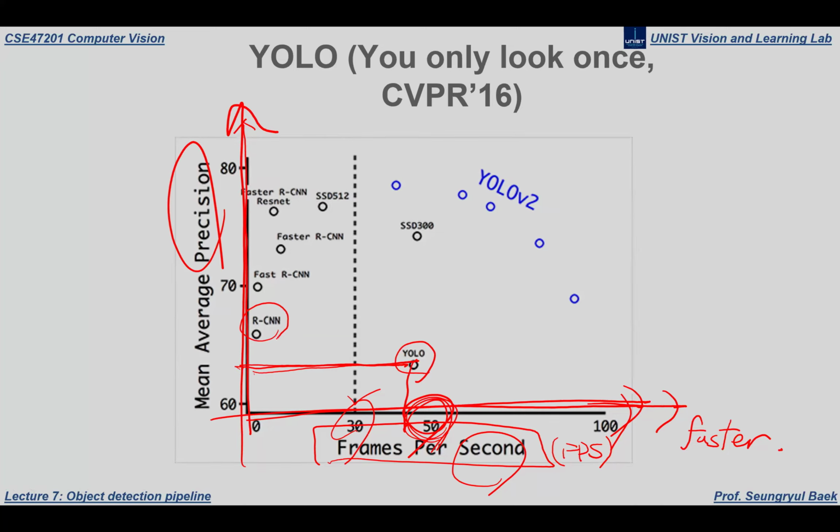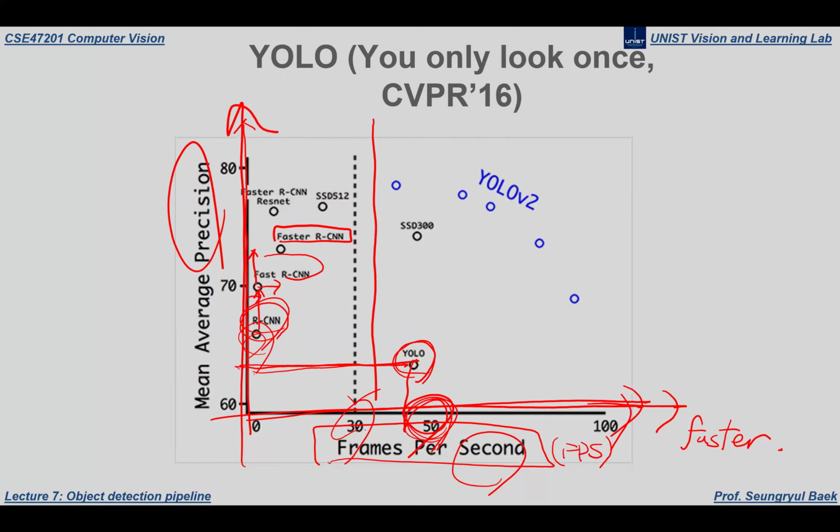You can see the RCNN algorithm's performance is slightly over YOLO, but its speed is very slow compared to YOLO. Fast RCNN is slightly to the right on the x-axis, and its performance is greatly improved. Faster RCNN is here, so the accuracy is also greatly improved, and its speed is also to the right of Fast RCNN.